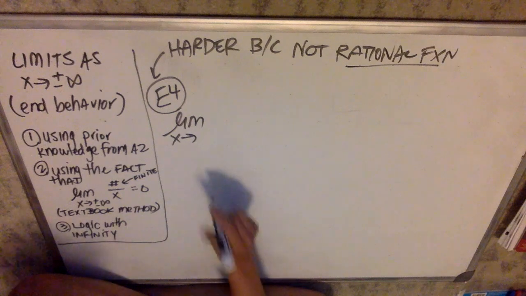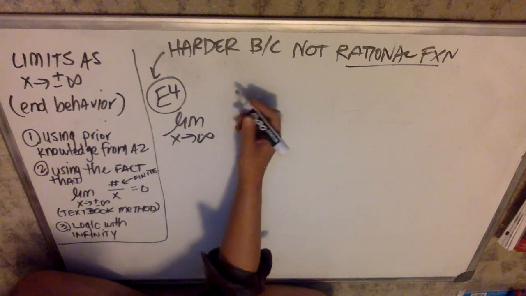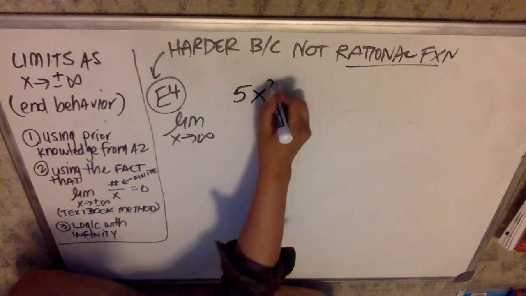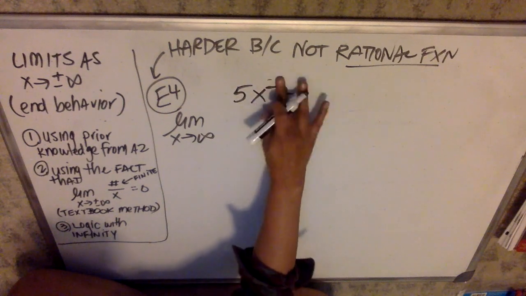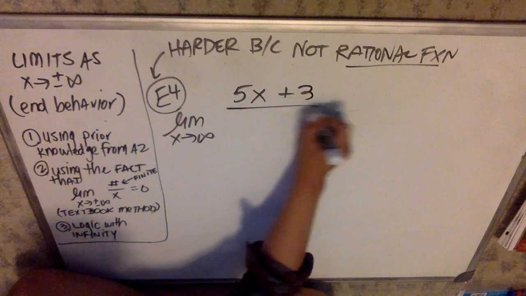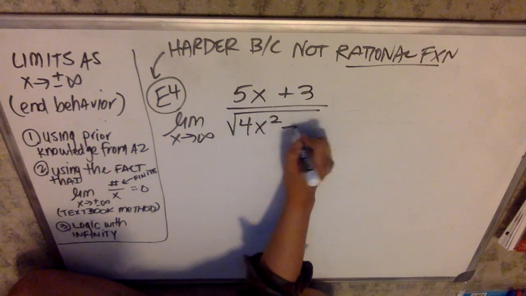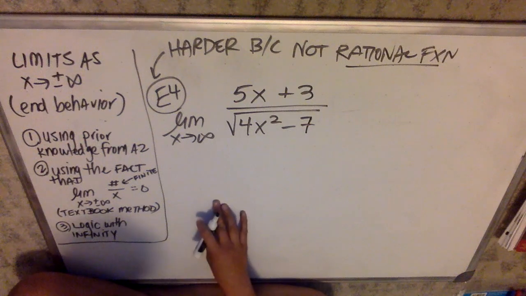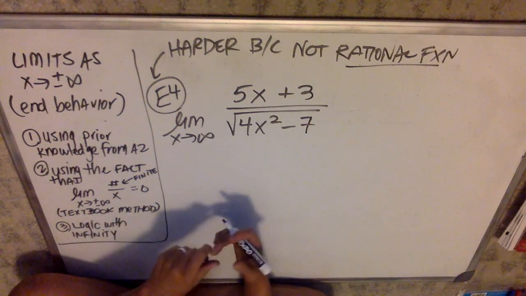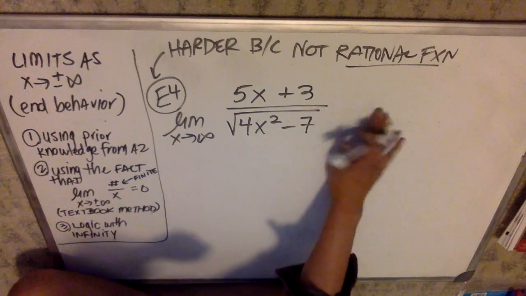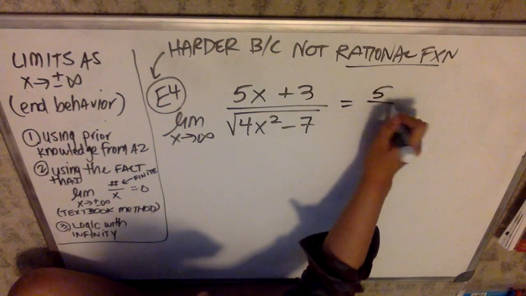So let's do the limit as x approaches infinity of 5x plus 3 over the square root of 4x squared minus 7. Now, I'm going to tell you right now that looking at this, the answer to this is 5/2.